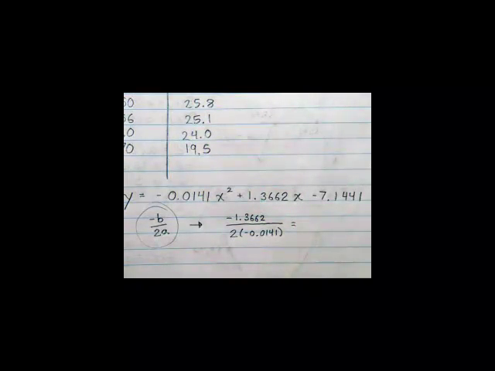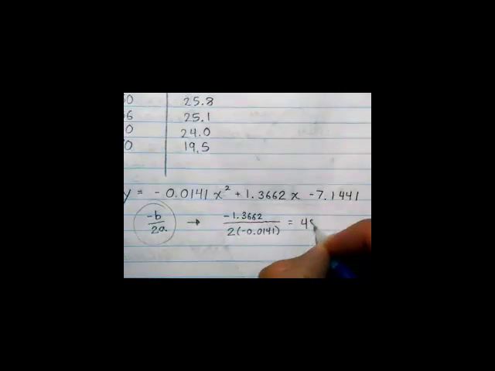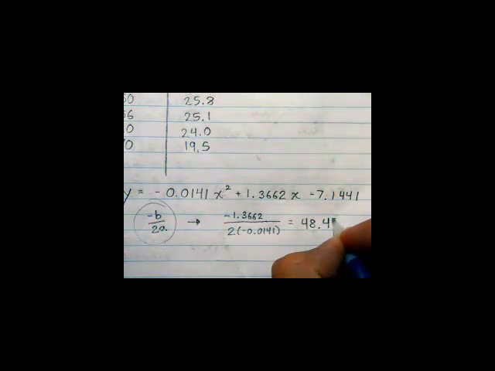So, be careful, I would just multiply the denominator by 2 first, and then divide the two numbers. But negative 1.3662 divided by 2 times negative 0.0141. I'm getting 48.45.